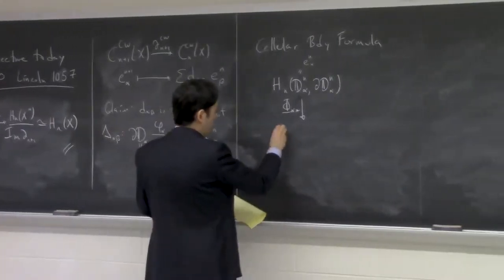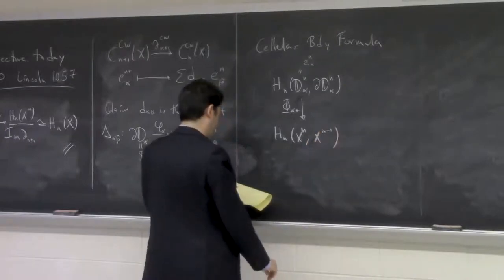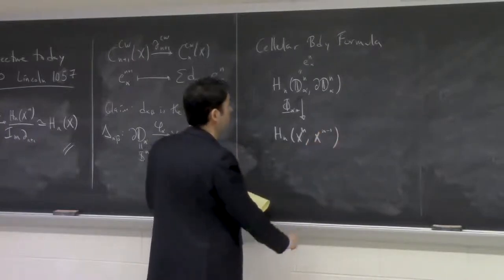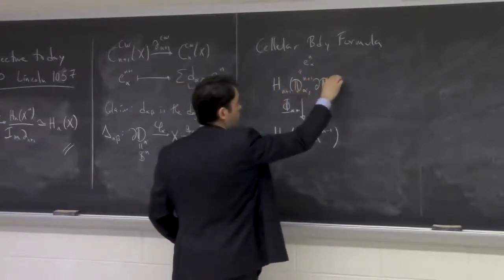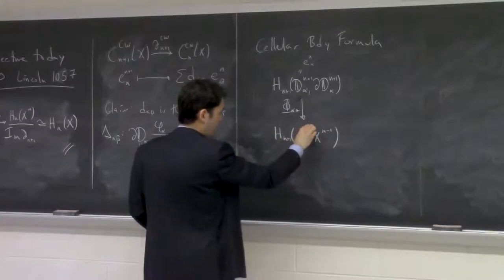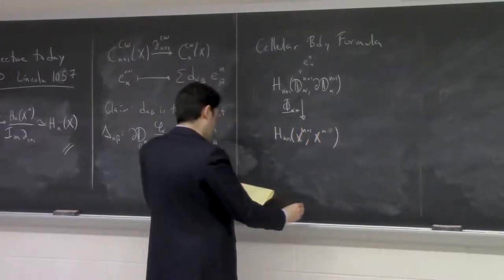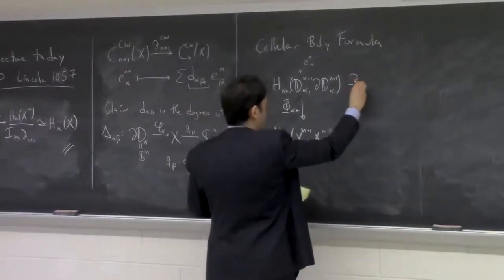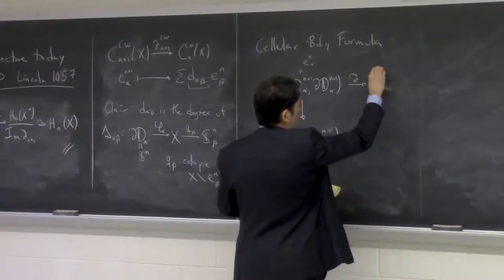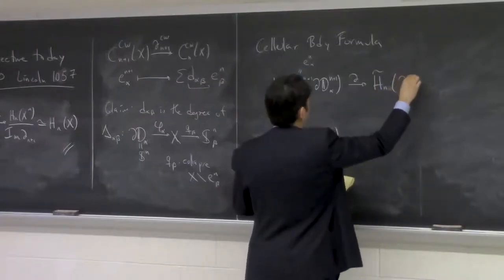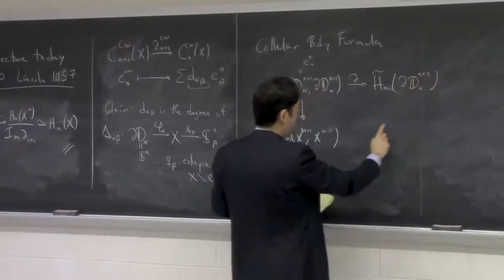So that maps you into H_n(X^n, X^(n-1)). Oh, my indices have changed. Okay, n plus 1, n plus 1, n plus 1. So now this has a boundary map to H_n tilde of the boundary of the n plus 1 cell alpha.